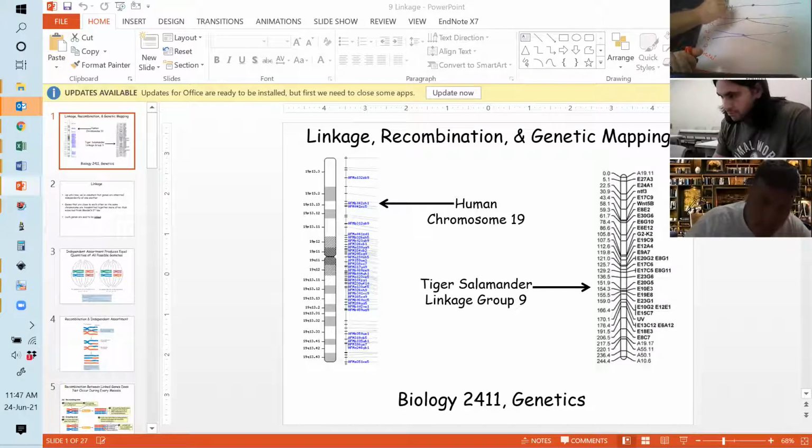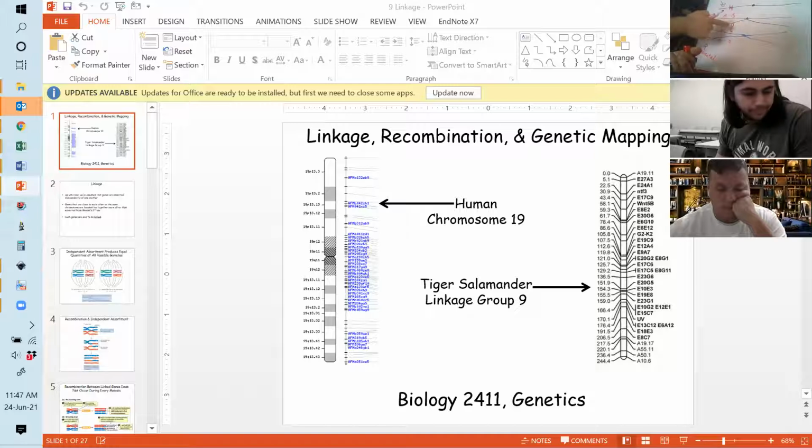They're called parentals because that's what this individual got from their parents. Now, if we have those two genes lined up like so, and recombination occurs between them, because you can also have recombination occur like here.